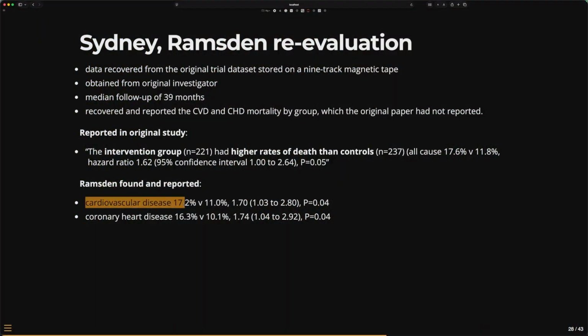It's a 1.7 relative risk, treatment versus control, so control is the more beneficial diet here. If you're looking at the 95% confidence interval, it did not cross 1, so it is significant with p-value 0.04. It is borderline, but still definitely interesting findings that for some reason weren't reported in the original study.